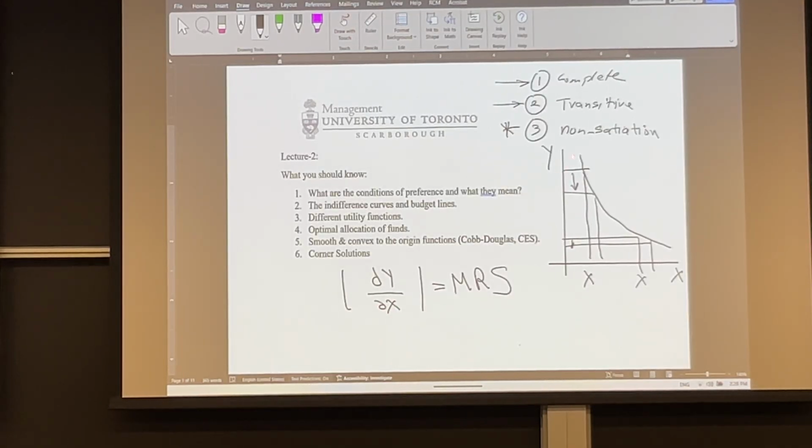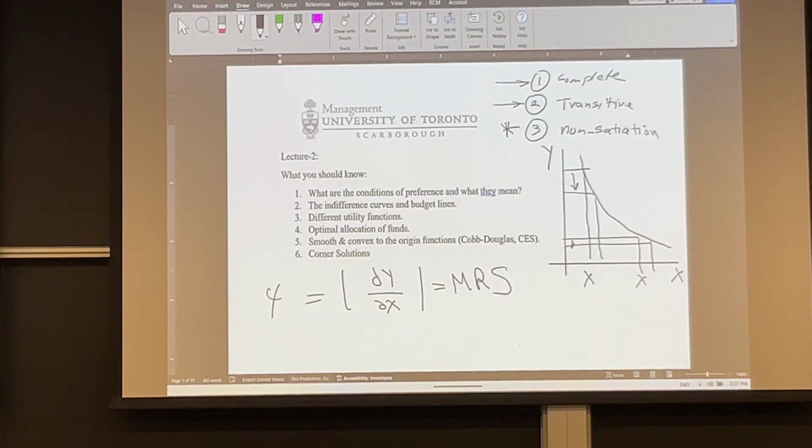If you look at MRS here, it's very high. It basically means you really like x, you give up a lot of y for it. Here it drops to a small number. You still like x, but not much. You're not going to give up much for it. Make sense? So if you get an MRS of 4, what does it mean?